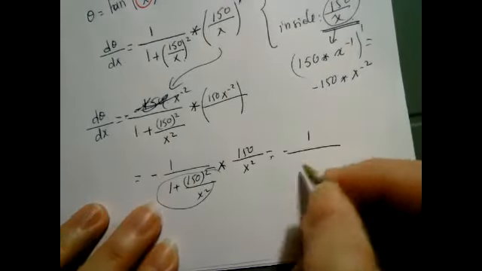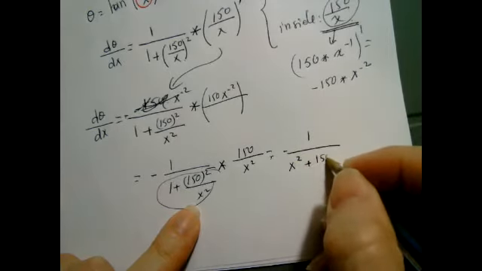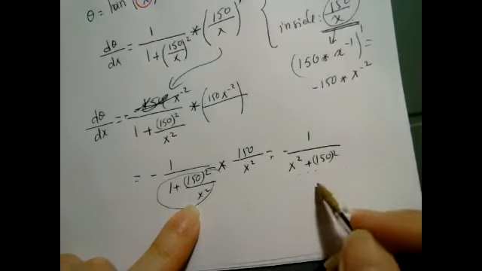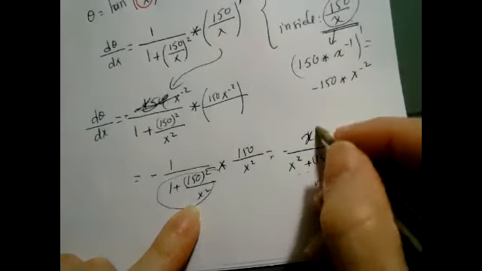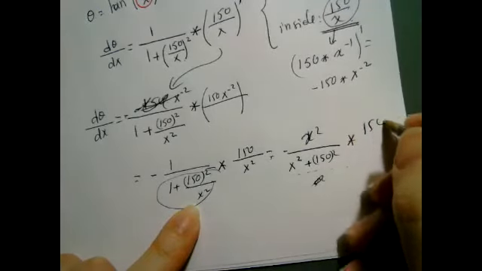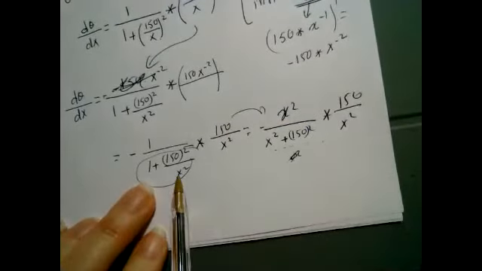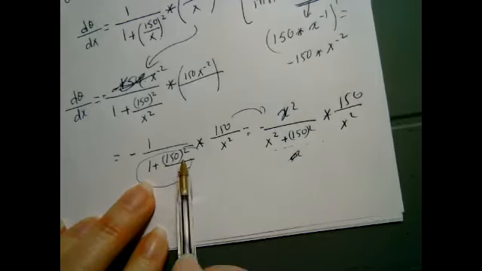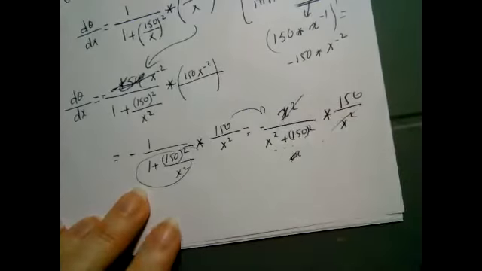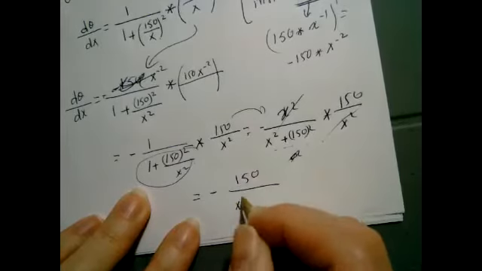I will have 1 over, common denominator is x squared plus 150 squared, divided by x squared. I use the property of fractions. The x squared will go up here, times 150 over x squared. So from here to here, I use the common denominator, which is x squared plus that, over x squared, but then I flipped it because I have a fraction. So now this will simplify, and this would give me 150 over that.